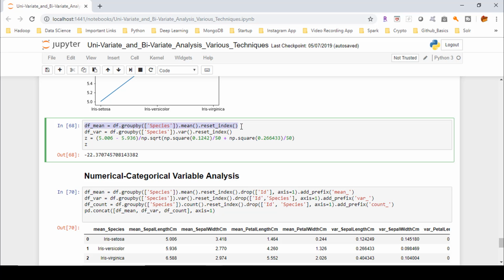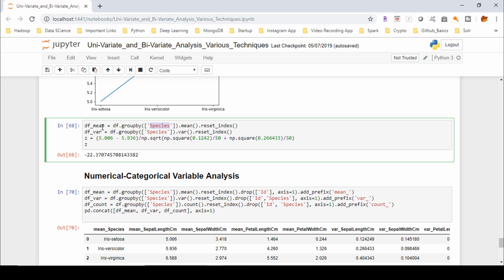This is the way I can create the mean of species or categories, which are setosa, versicolor, and virginica, for each individual column: sepal length, sepal width, petal length, petal width.